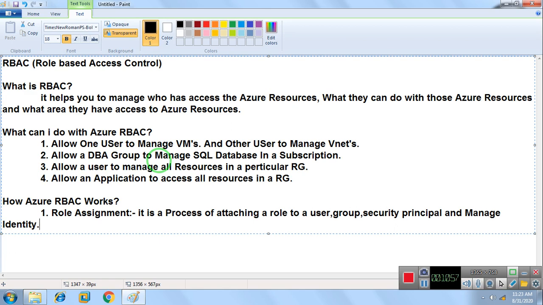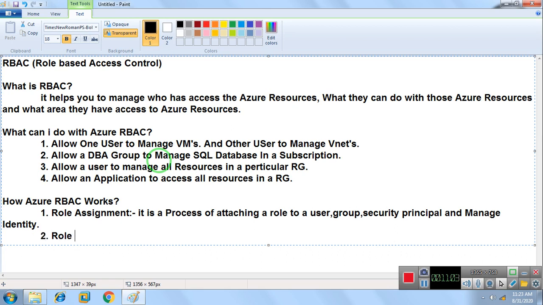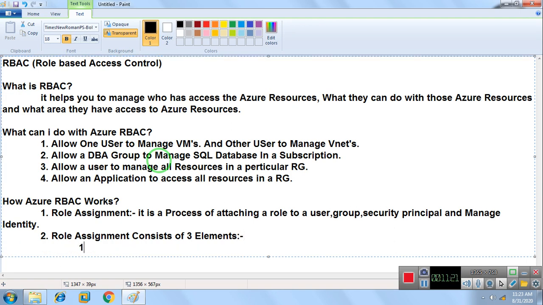Now we talk about the second point: the role assignment consists of three elements. We already discussed these elements, three elements which I already told you. When you create role assignments, they contain three elements.